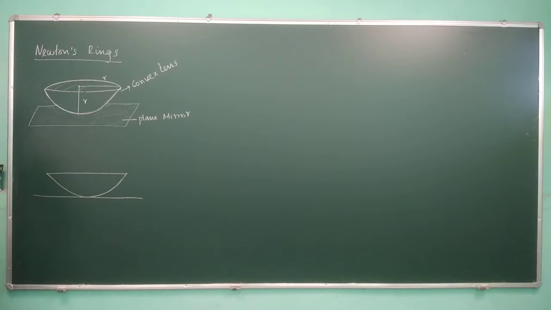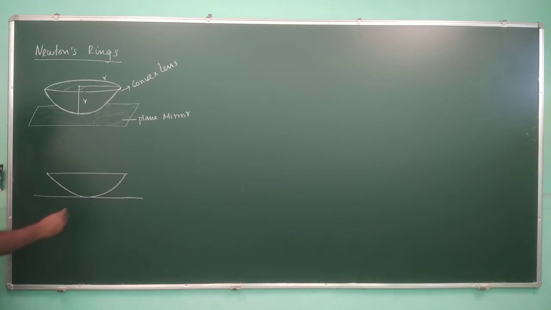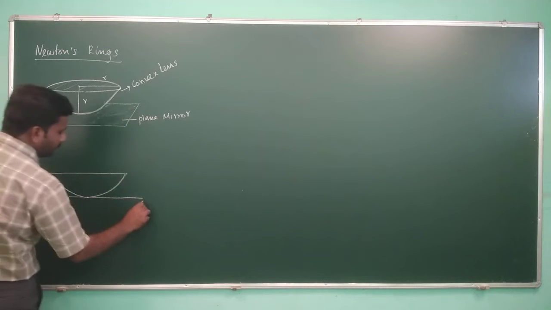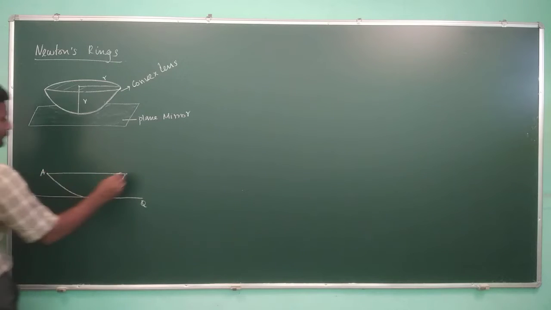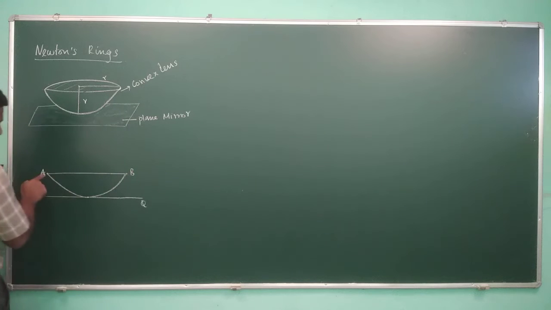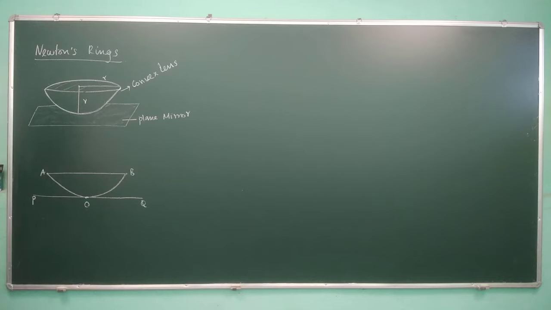The surface of the convex part is in touch with the plane mirror, let's say PQ. So this plane mirror PQ and the convex lens, let's say AB, the surface of this AB is in touch with the point O. Let's say this is origin.